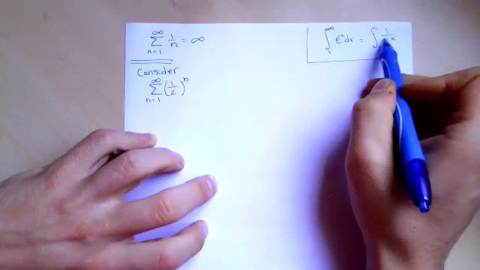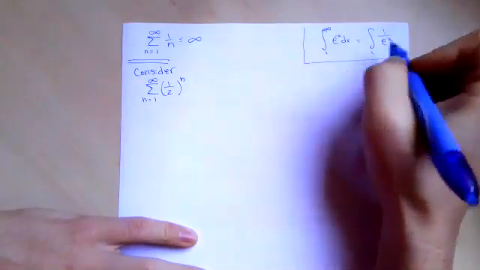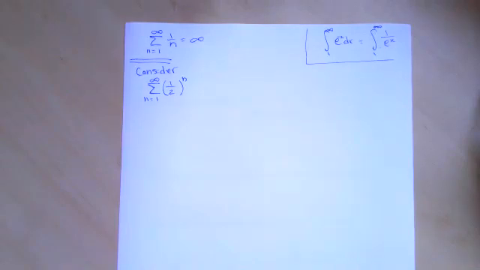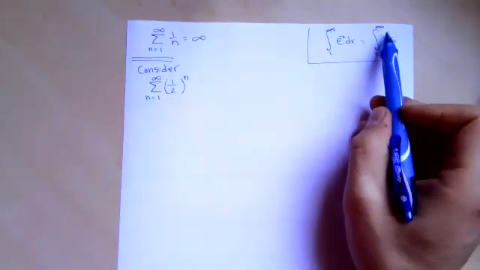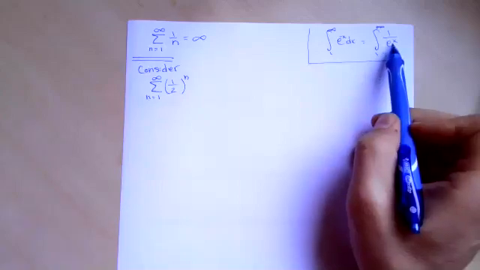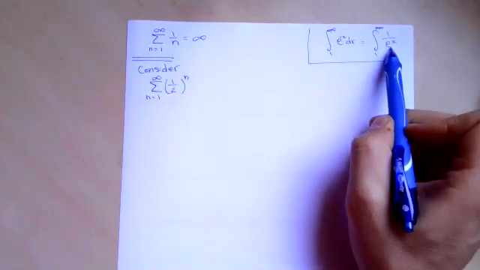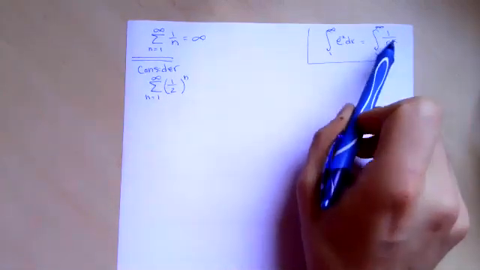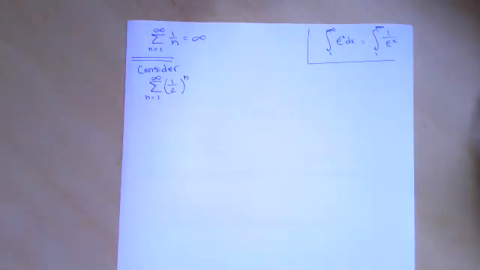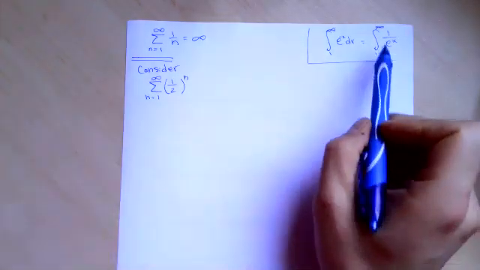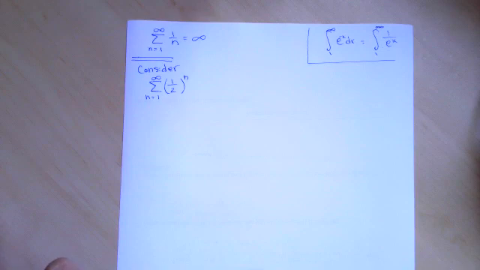So as long as the base is bigger than 1, this will converge, because these exponential functions increase very rapidly, which means if they're in the denominator, that whole fraction is going to decrease very rapidly, and we will be able to find a finite area.